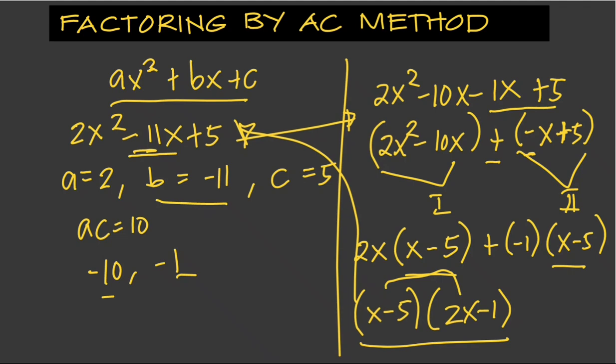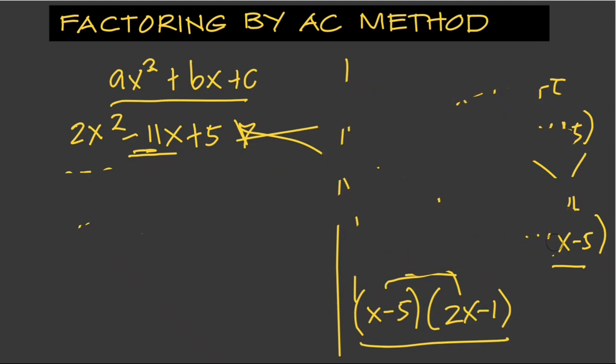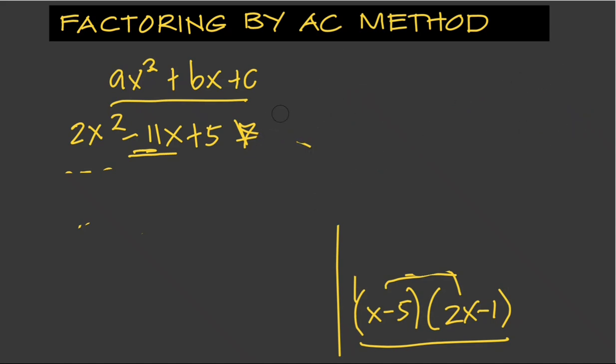So let's try checking that using the FOIL method. That is x minus 5 times 2x minus 1. We'll see if it is equivalent to the original trinomial, which is 2x squared minus 11x plus 5.